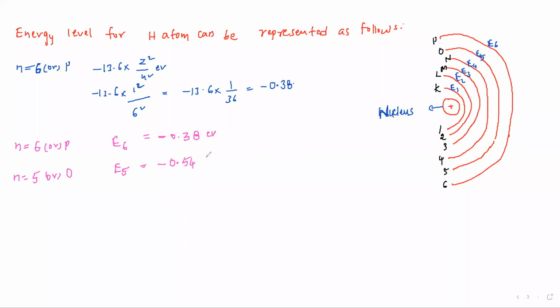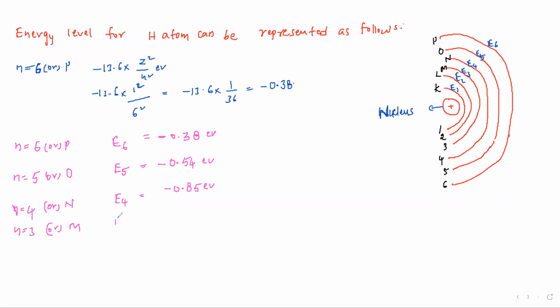These all are electron volts only. Next, if n is equal to 4, that is the N shell, its value is minus 0.85 electron volts, and n is equal to 3, the M shell.